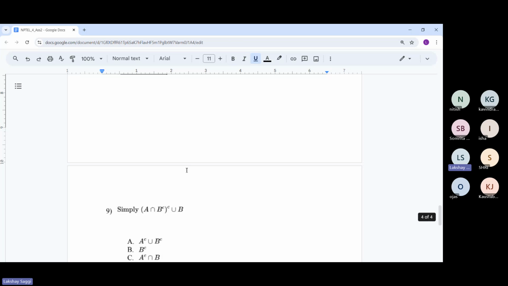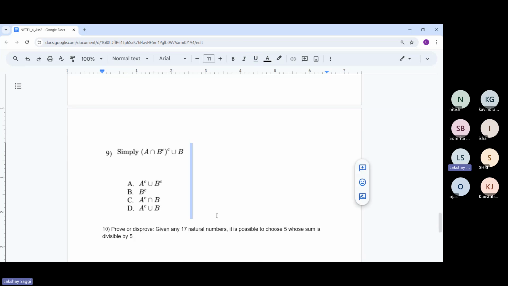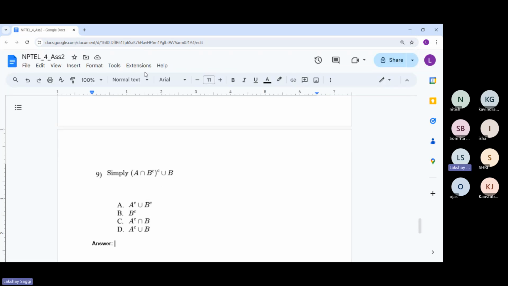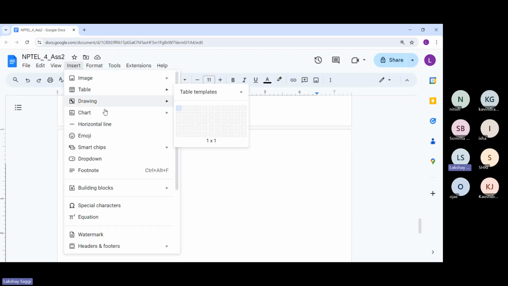So after the 8th question, I guess we can do the 9th. The 9th question is again a simplification based question: simplify A intersection B complement union B. So maybe we can try it out.